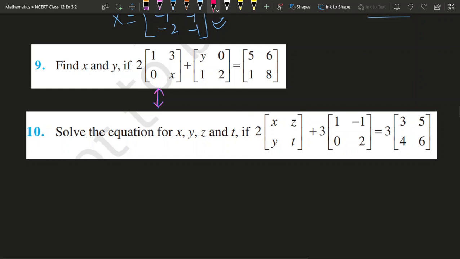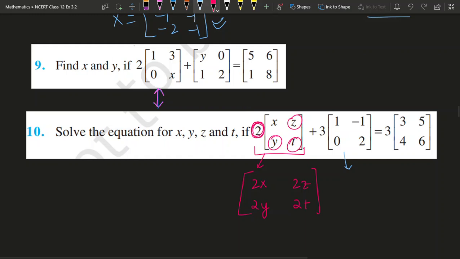an exercise. So taking problem number 10, you have two matrices, and you add them, and those two matrices are formed by scalar multiplication. In the first operation, 2 multiplies with all the entries, so 2x, 2z, 2y, and 2t.